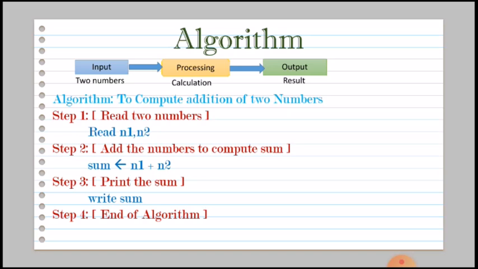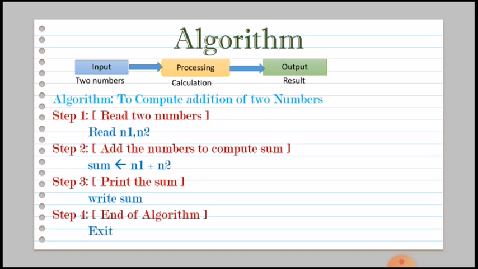Then the next statement we have to write is either stop or exit. Whatever we wrote in square brackets is optional in the algorithm. You can write that statement or you can skip it.